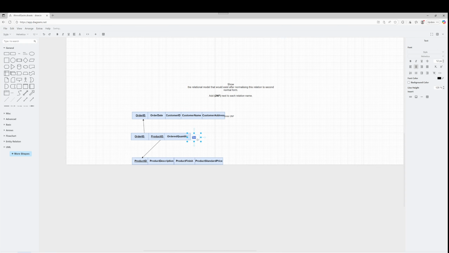Actually it's in the third normal form because it doesn't have any transitive or multivalued attribute. It also doesn't have any partial dependency because it's already been removed. So this is going to be the order line, and this is going to be in the third normal form.